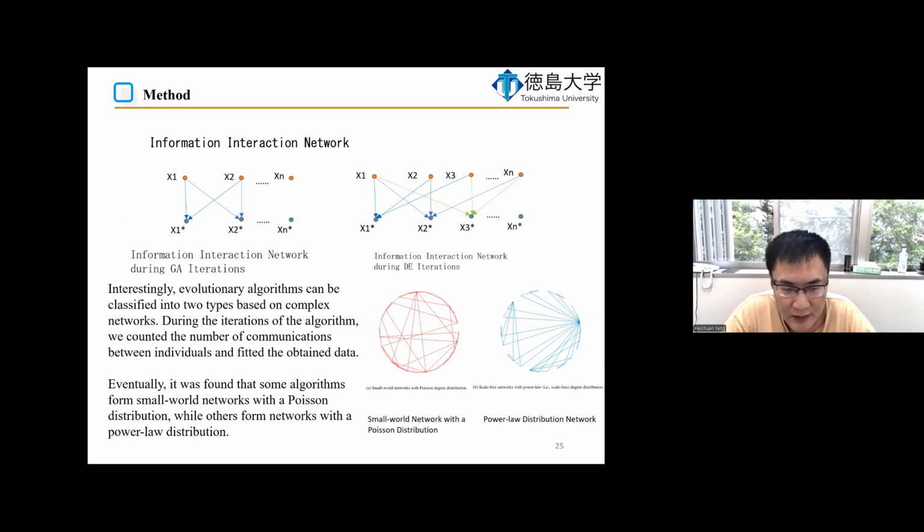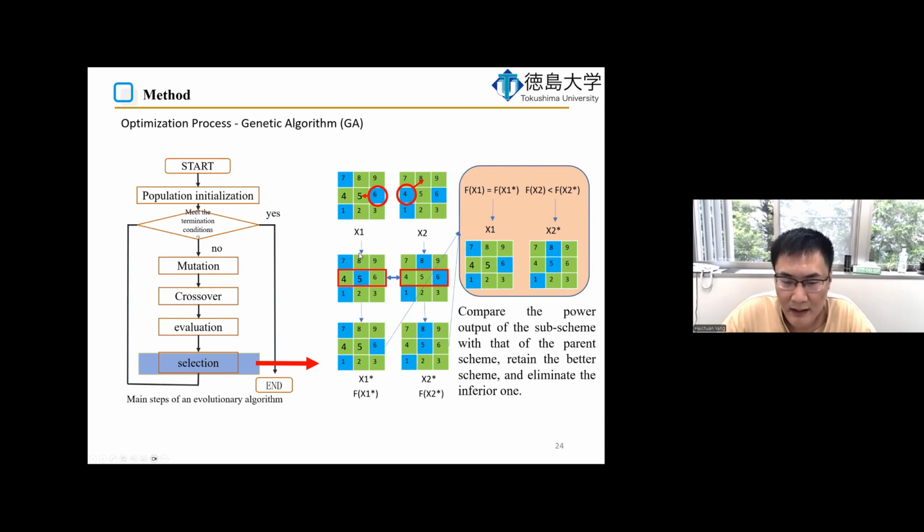Interestingly, evolutionary algorithms can be classified into two types based on complex networks. During the iterations of the algorithm, we can count the number of communications between individuals and fit the obtained data. As I said before, there is some information communication between the schemes, which can also be said to be information exchange between the individuals.